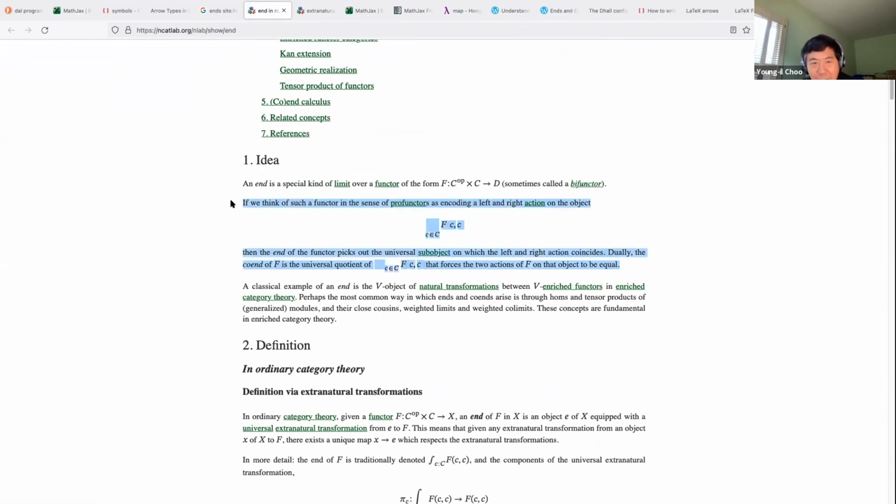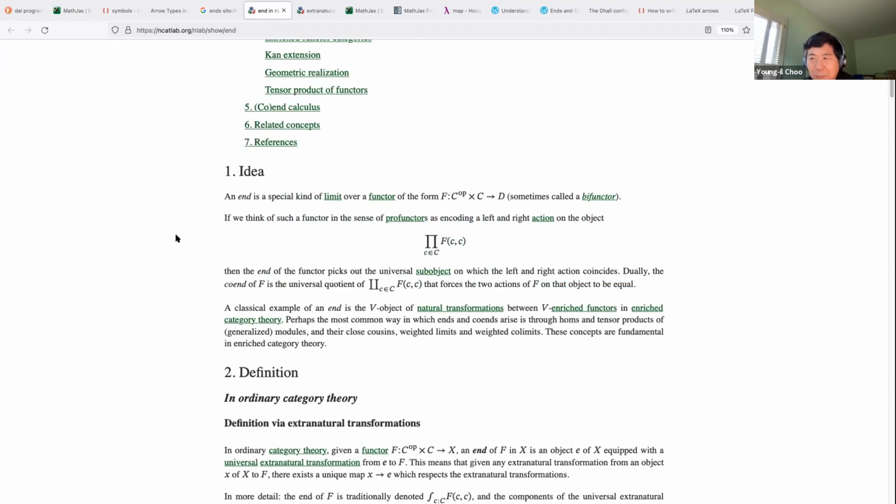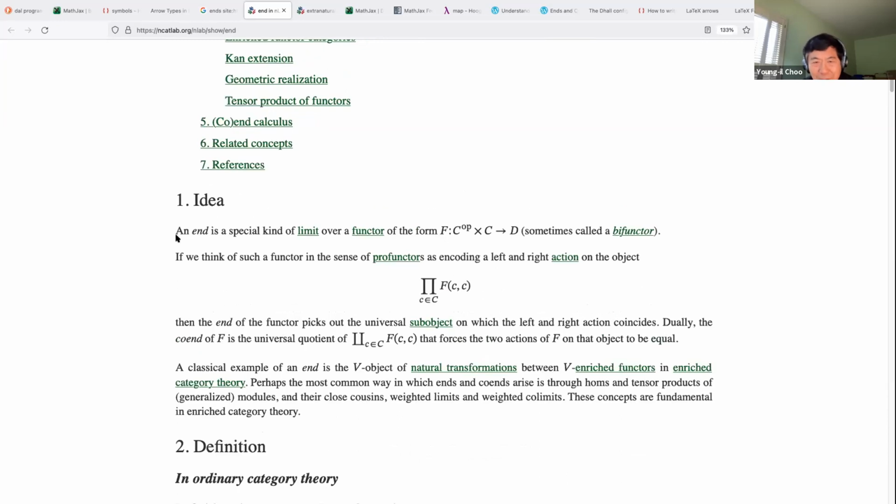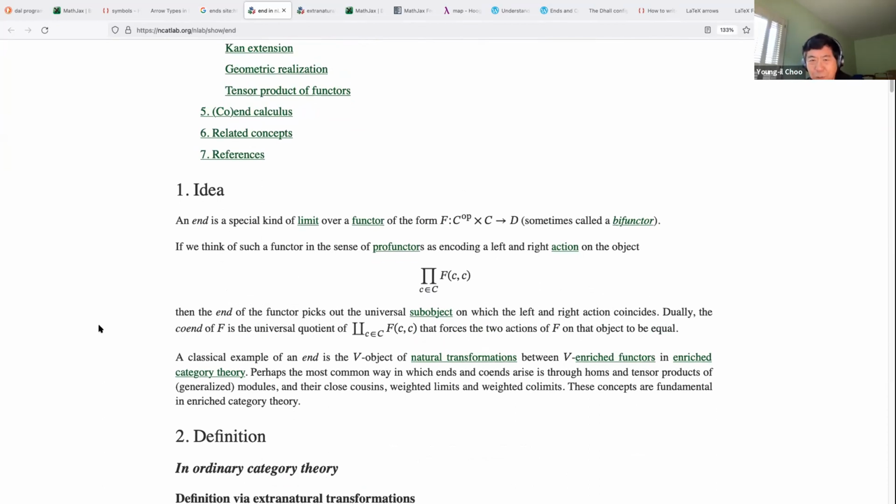So I think the notation of using integrals for both was a mistake, because the sum makes sense, but the product, the end, does not make sense. To me, it's misleading to think of it as an integral, whereas the co-product is definitely an integral with some overlap of the individual elements.